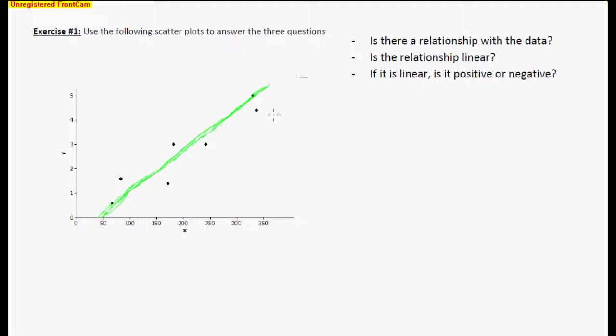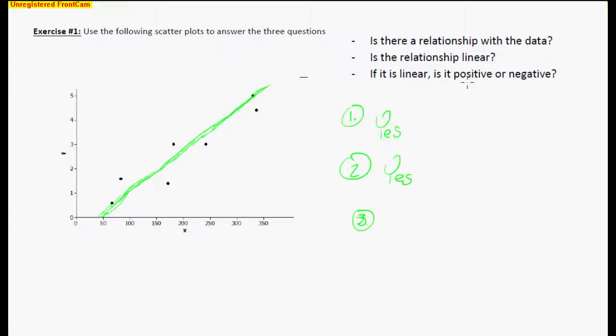Is the relationship linear? Well, yeah, what I drew is a linear line. I'm just going to number them over here. Number 1, is there a relationship? I'm going to say yes. Number 2, is the relationship linear? I'm going to say yes again, because this is a nice straight diagonal line. And number 3 is, if it is linear, is it positive or negative?